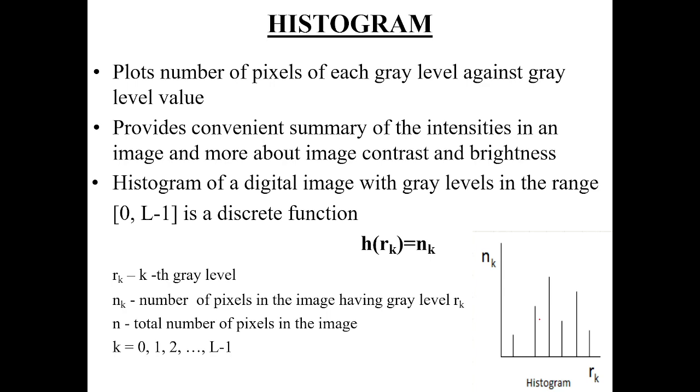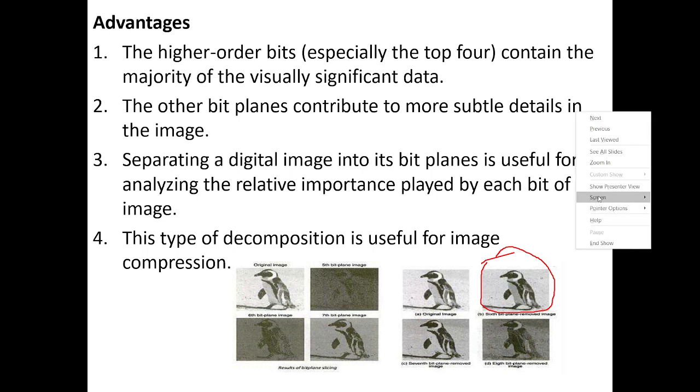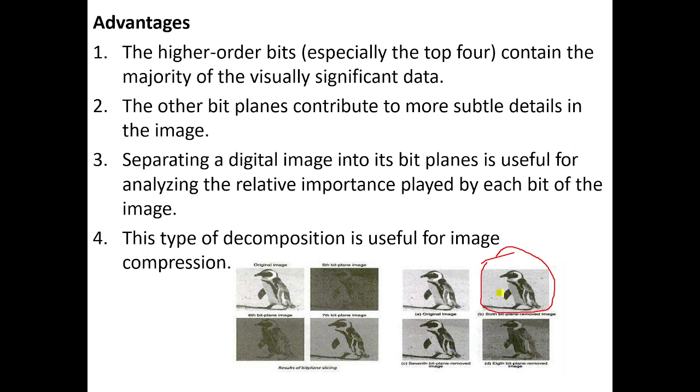In this image, for example, considering this area of this image, how many pixels are occupying this area, and what is the gray level, because it has the same darker shade.